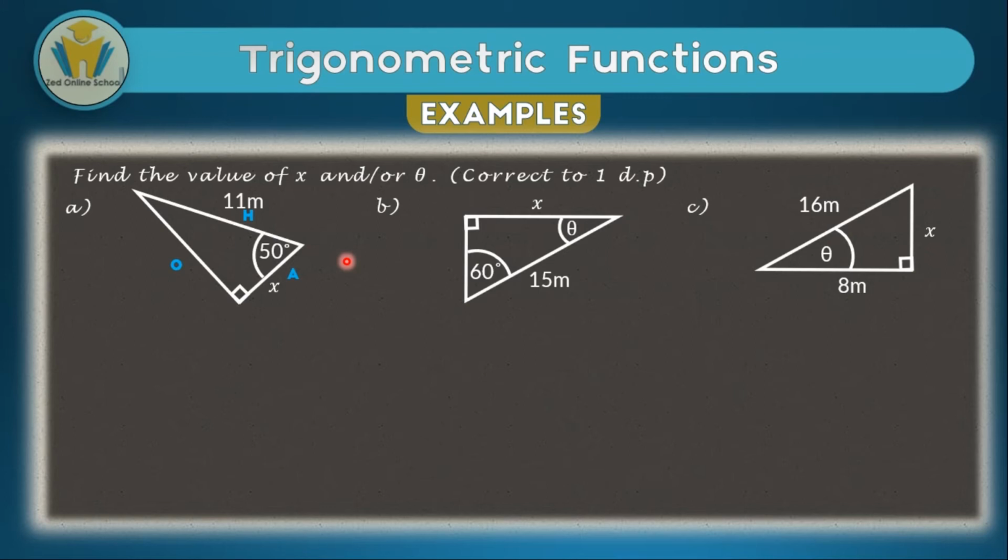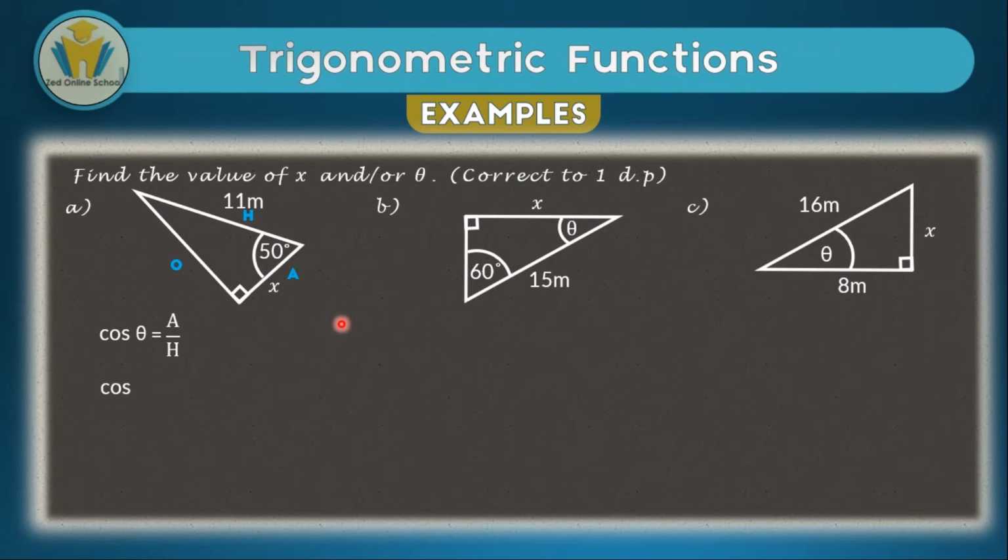We've got h, which is our hypotenuse, equal to 11 meters. And now we need to find x. Therefore, our trigonometric function needs to have the adjacent, theta, and hypotenuse. Therefore, we can see that cosine theta is the perfect match for this question.